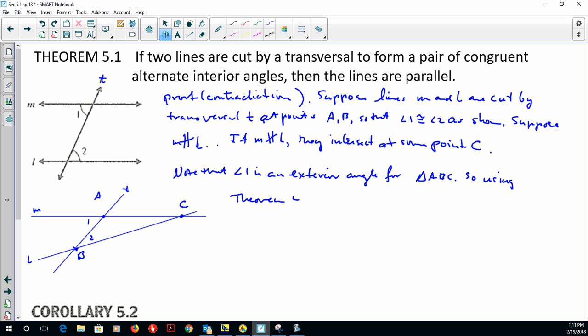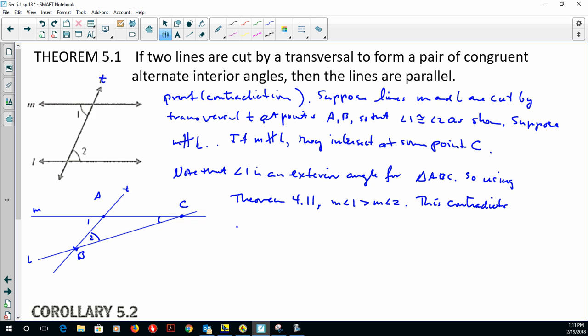Since this is an exterior angle, the measure of angle 1 has to be greater than the measure of angle C, but it's also greater than the measure of angle 2. Wait a minute, that gives us a contradiction.